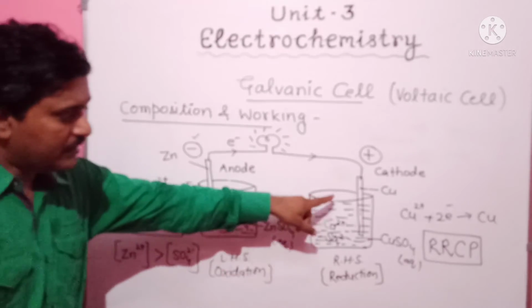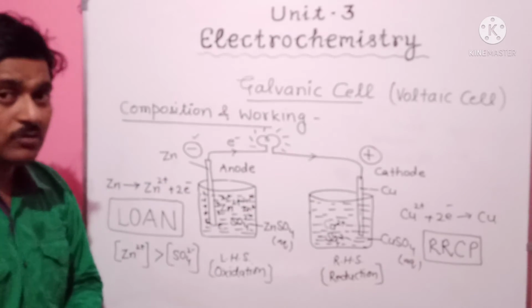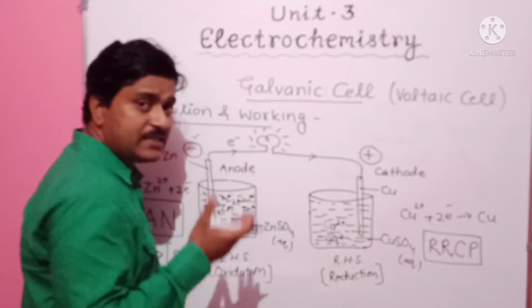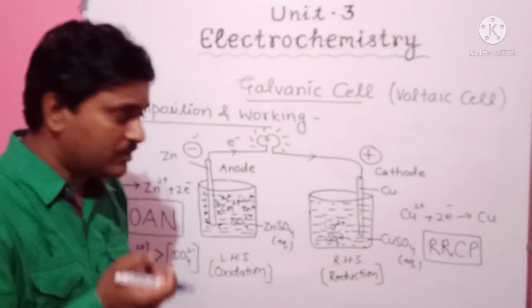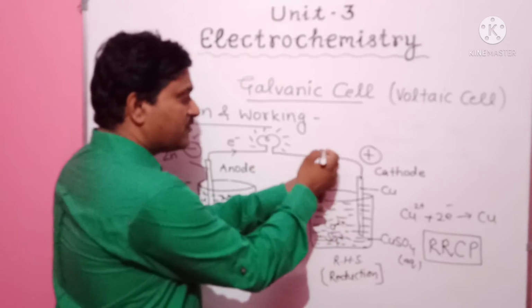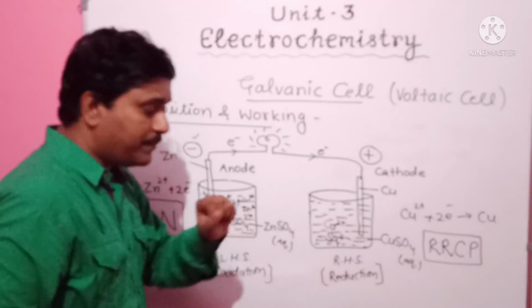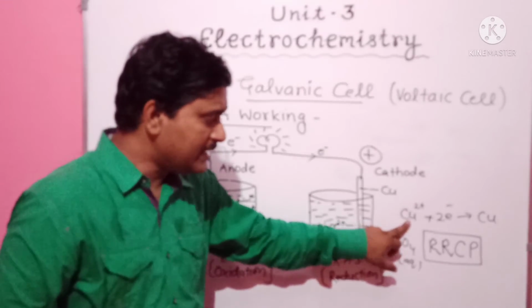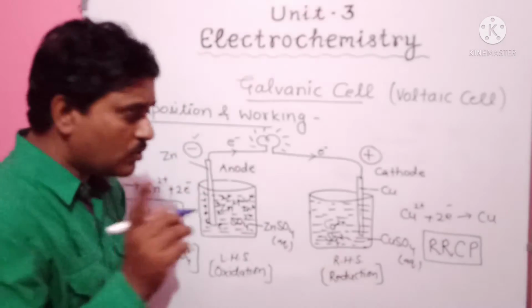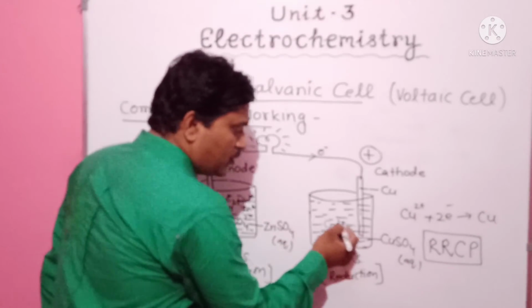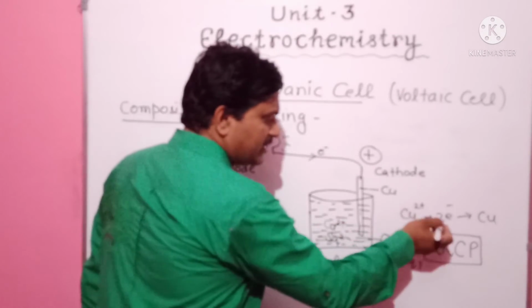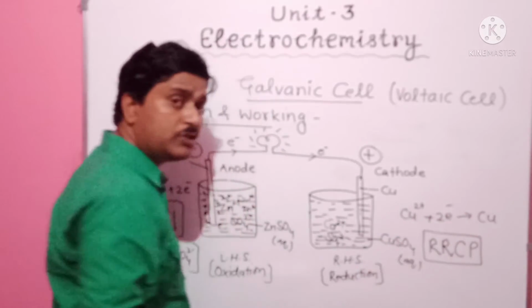Similarly, what happens at the cathode? When these copper 2 positive ions gain the electrons continuously, which are coming from this wire, copper ions, after gaining 2 electrons, change into copper. So the concentration of positive ions here decreases because copper ions gain the electrons and change to neutral copper.